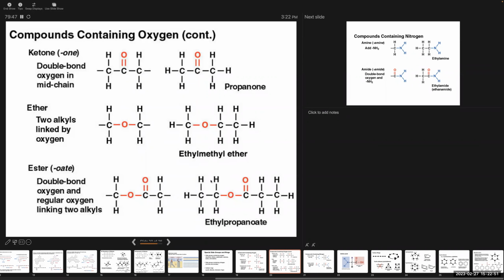The way you make these things actually is you take an alcohol. In this case, if you started with ethyl alcohol, which would be the 2 carbon chain with an OH on it, and then you have a carboxylic acid. So if you imagine you had propanoic acid, a 3 carbon chain with a double bonded oxygen and another OH on the end, you stick those together and a water molecule breaks off.